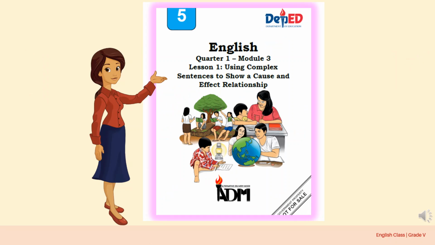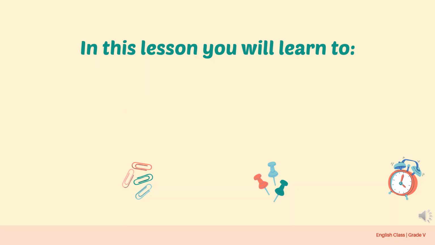Today, I am going to discuss with you Module 3, Lesson 1, using complex sentences to show a cause and effect relationship. What is a cause? What is an effect? Why do certain things happen? What does knowledge on cause and effect contribute?